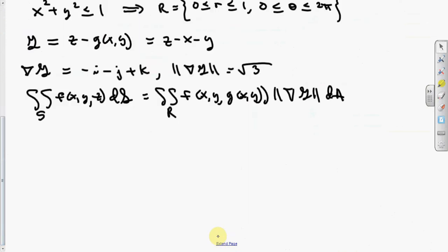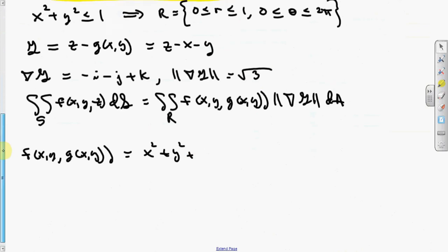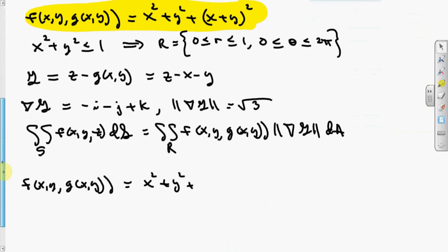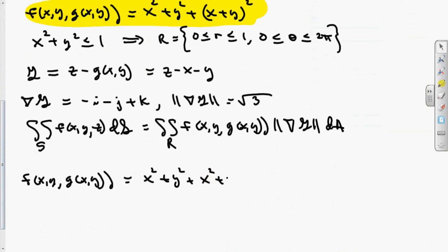So what I'm going to do is just write it out again. This is little f of x, y, g of x, y, which is equal to x squared plus y squared plus x plus y, quantity squared. You FOIL that out: x squared plus y squared plus 2xy. So this is 2x squared plus 2y squared plus 2xy.